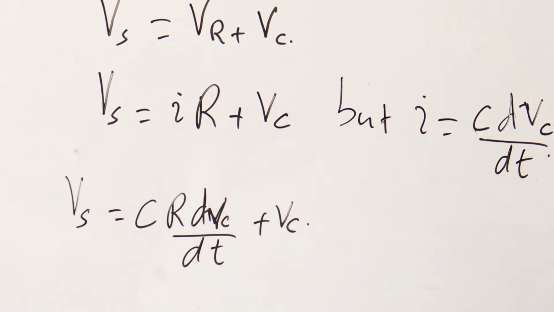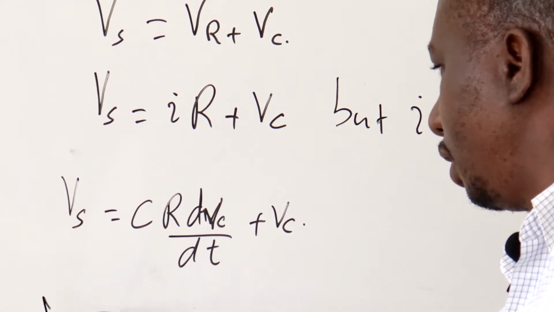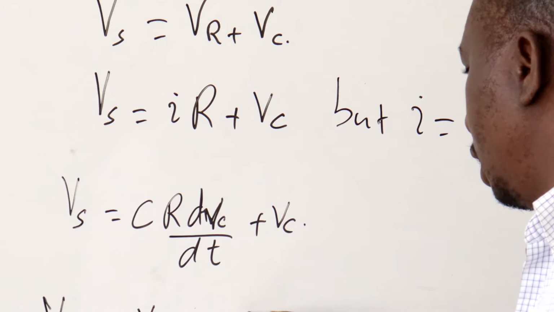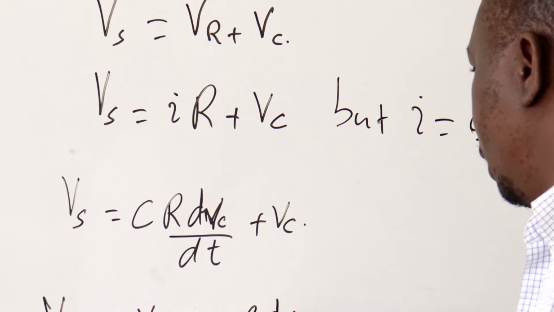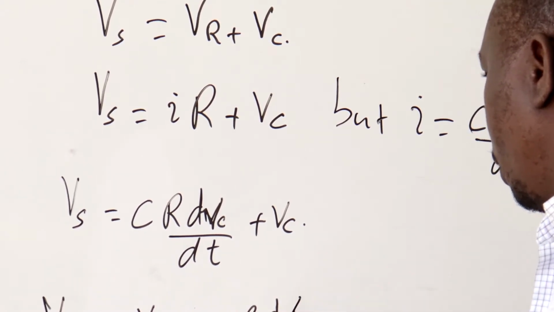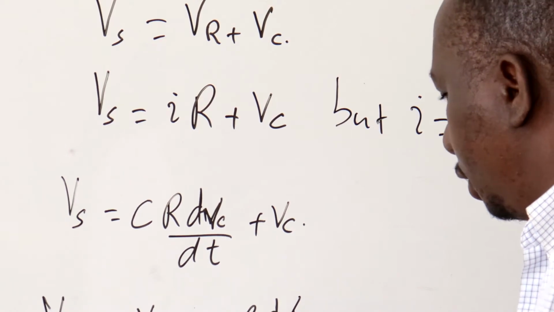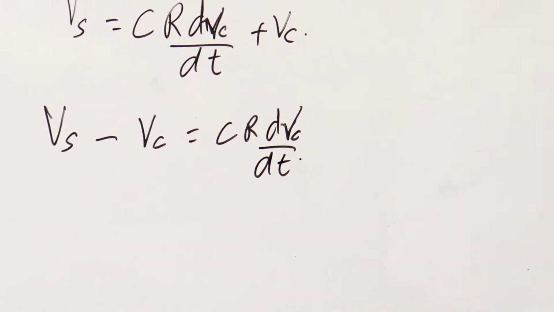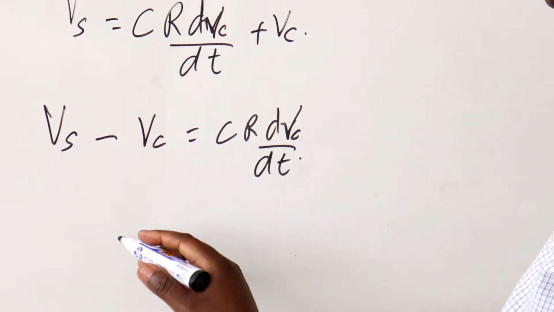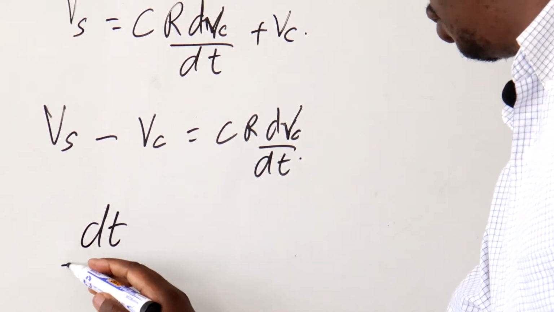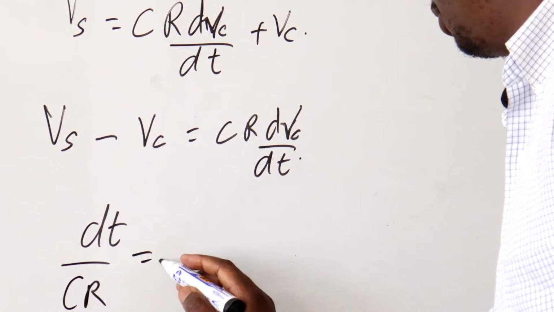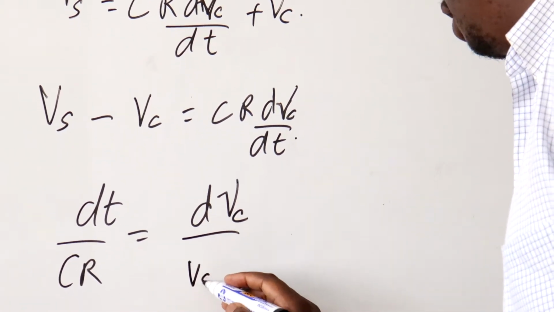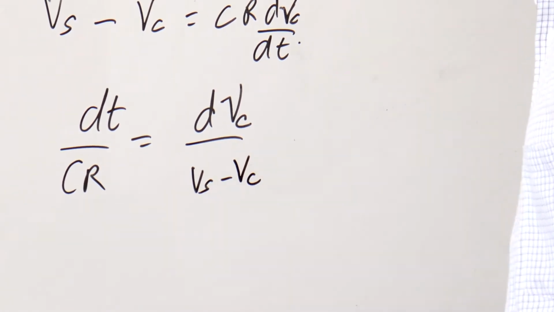Then we collect the terms together: Vs minus VC equals CR dVC over dt. By separating variables, we have dt over CR equals dVC over Vs minus VC.